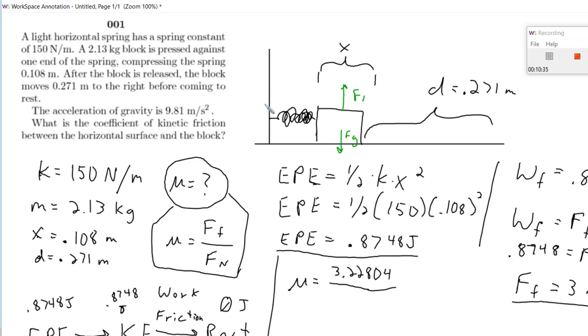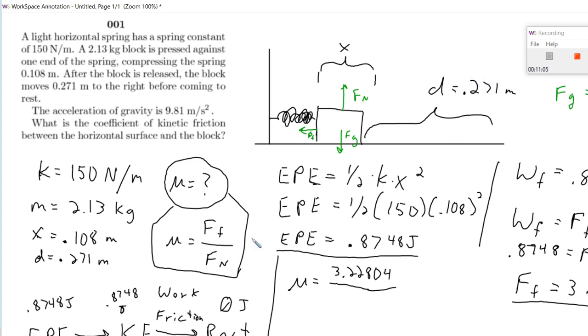And of course, once it's moving, then friction will be acting backward. At that point, the force of the spring will no longer be present because it will have applied its force and the block will be sliding in motion. So friction will be the only one acting in the x dimension. It'll be the net force, and that's why it will be slowing that down. But then you see in the y dimension, Fg is going to be equal to Fn.